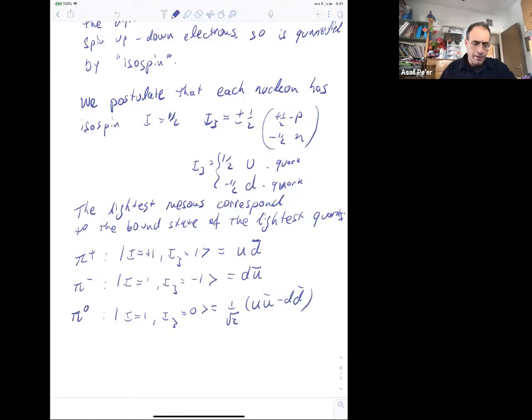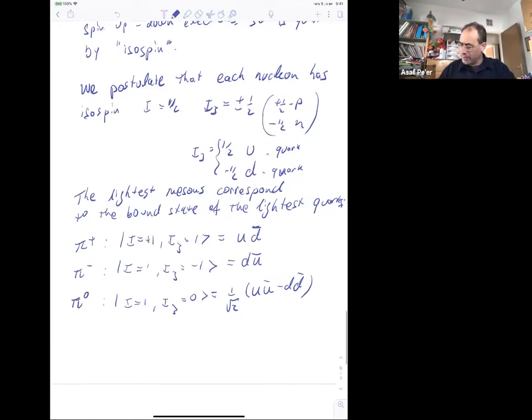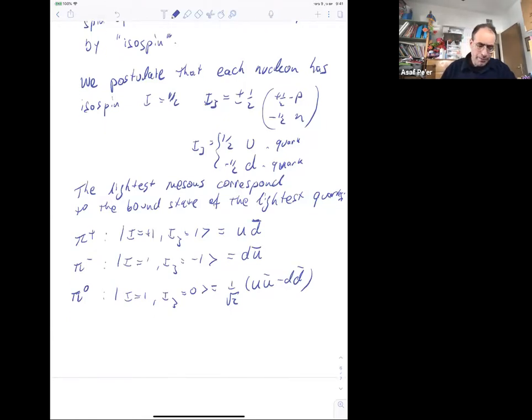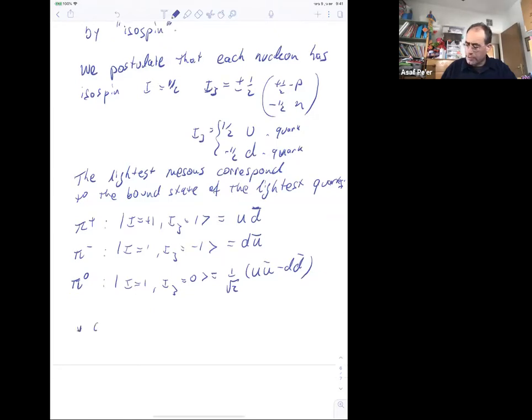Sure. So I just had a comment about the sign here, which is really a convention. And then there is also an orthogonal state to the pion 0. You would naively write it as 1 over square root of 2 of u ubar plus d dbar.